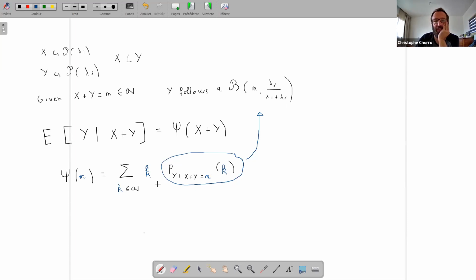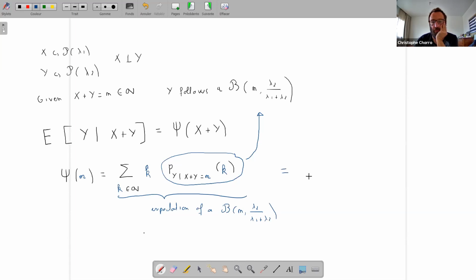So it means that what I have to compute, when small n is fixed here, is just the expectation of a binomial of parameter n, lambda 2 over lambda 1 plus lambda 2.